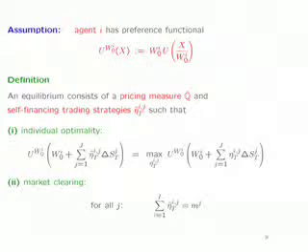Now, coming back to your question. So now we don't really want the agents to be translation invariant. So what we do is we introduce these transformed preferences U_W0, which are W0 times U of x divided by W0.